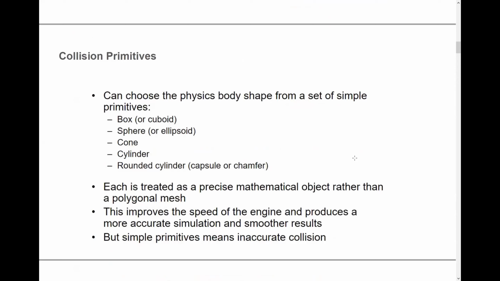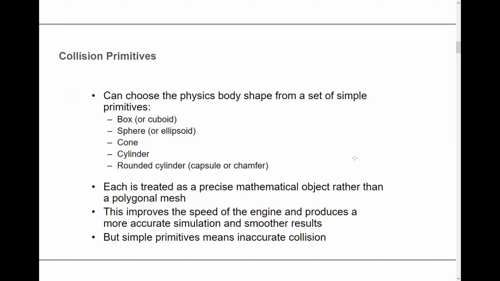Now let's look at collision primitives. We can choose the physics body shape from a given set of primitives. The primitives usually are a box or a cuboid, a sphere, a cone, a cylinder, etc. Out of these simple primitives, we can choose the physics body shape of the body that we are going to model.